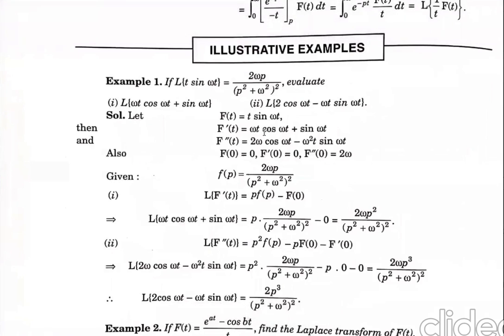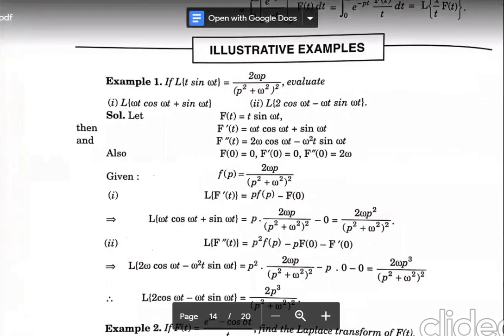So see, a few examples are given here. I already have explained that one. Here, Laplace transform of t into sine omega t. It says that if the Laplace transform of t into sine omega t is equal to 2 omega p by (p square plus omega square) whole square, then evaluate the Laplace transform of omega t cos omega t plus sine omega t, and then find the Laplace transform of 2 cos omega t minus omega t sine omega t.